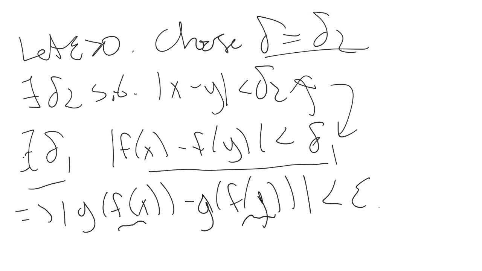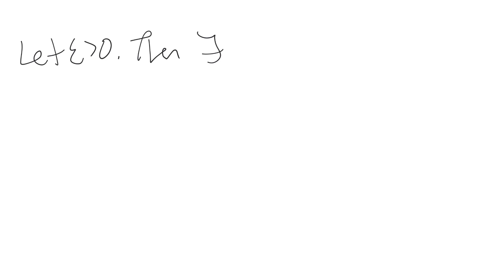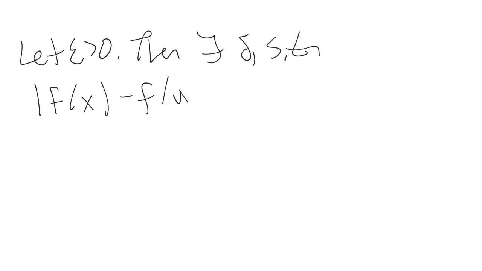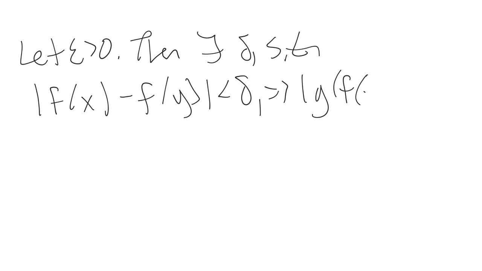So let's get rid of all of this. Let's go back to epsilon greater than 0, and then there exists, I'll try to use the same one as I did before, delta 1 such that f of x minus f of y less than delta 1 implies g of f of x minus g of f of y is less than epsilon.